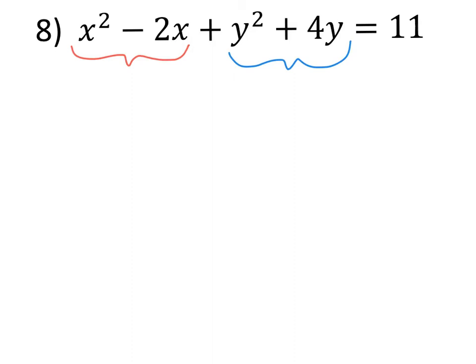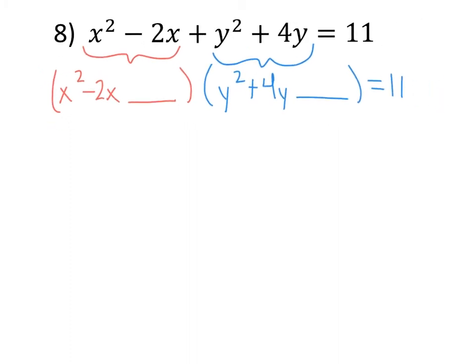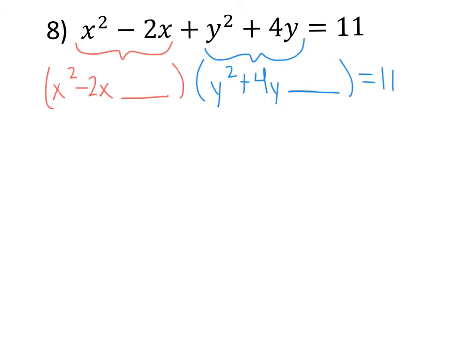So this right here is going to be x squared minus 2x plus some number. That's the whole completing the square part. And this one is going to be y squared plus 4y plus some number equals 11. So we're going to complete the square for both of these problems.